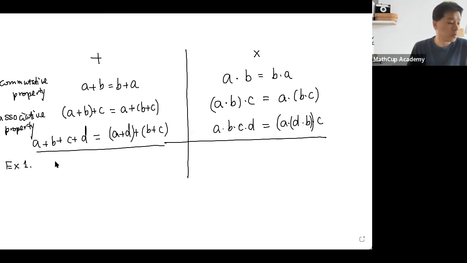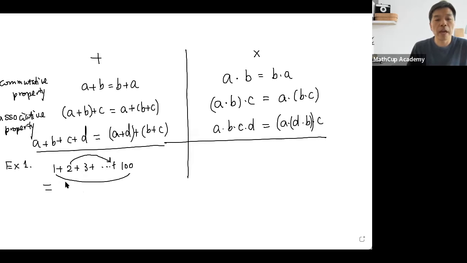Let's say we have 1 plus 2 plus 3 plus all the way to 100. We can do the addition 1 plus 100 first and 2 plus 99 second.